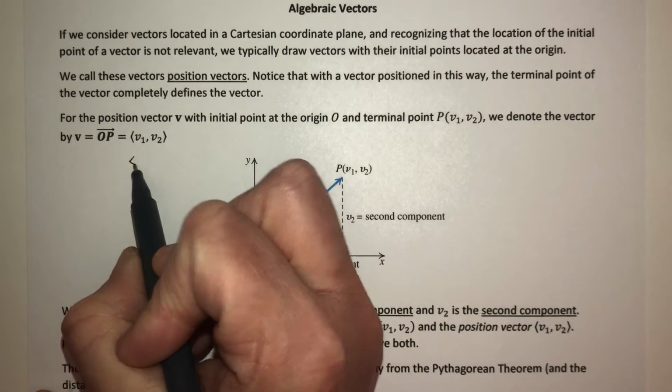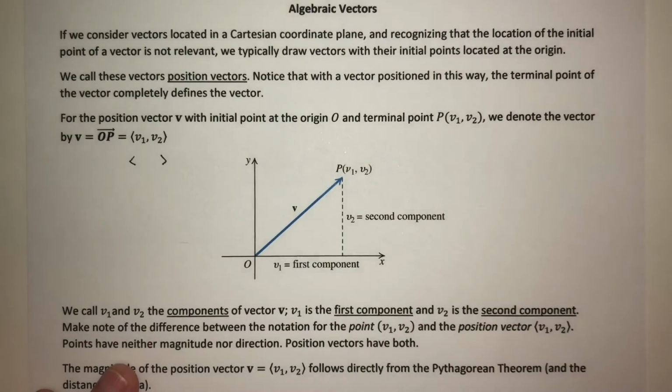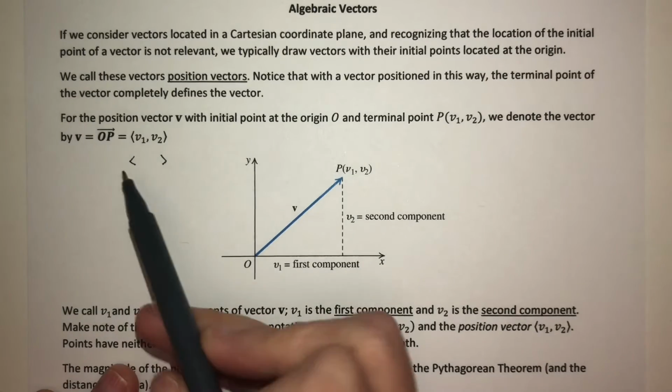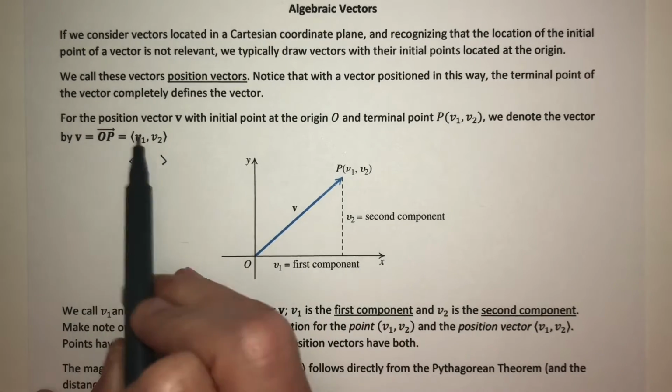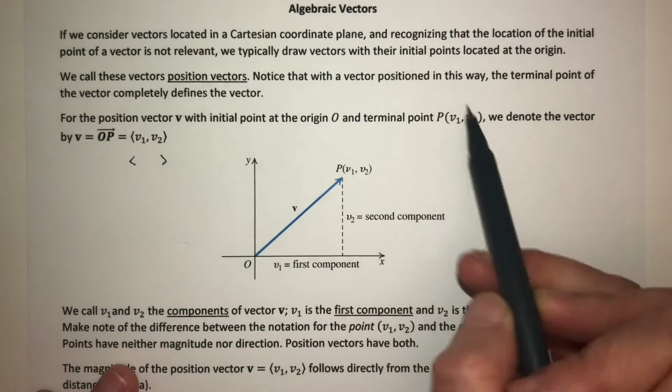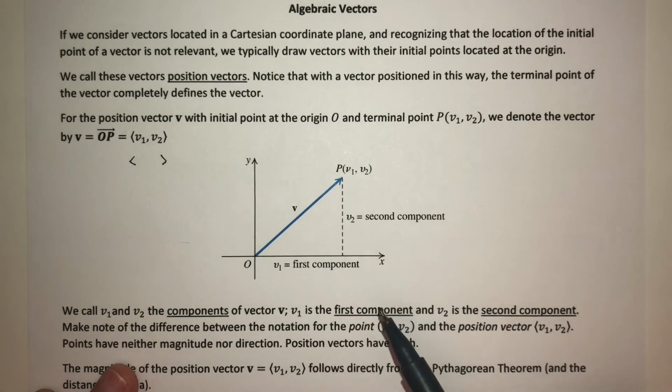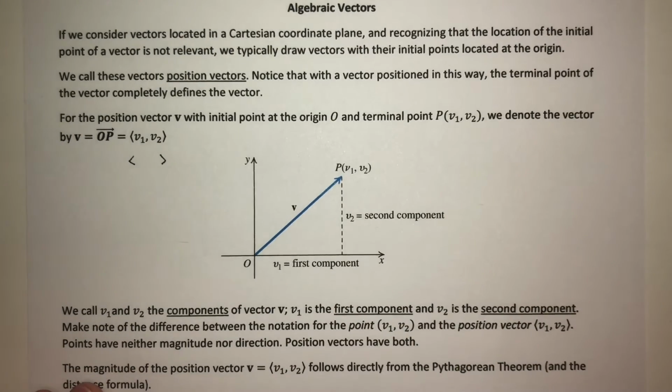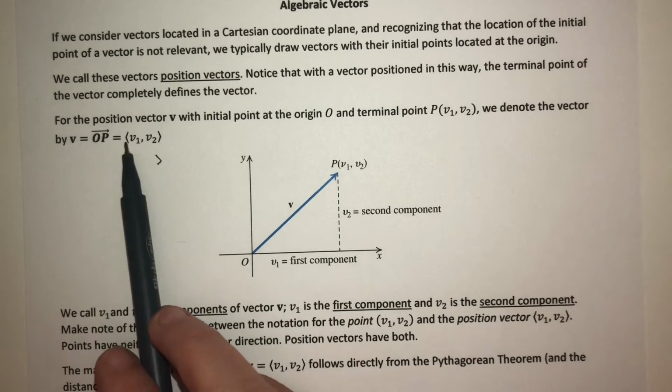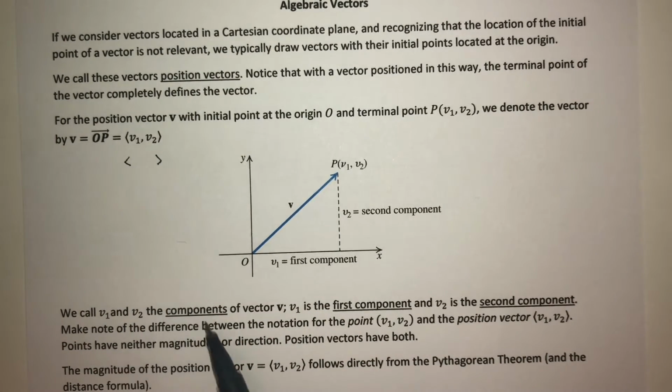These are little pointed brackets, not parentheses. This is a vector, this is a point. We call v1 and v2 the components of vector v. v1 is the first component and v2 is the second component.